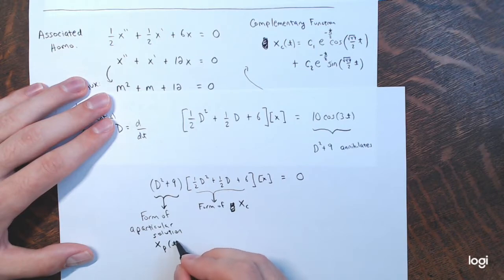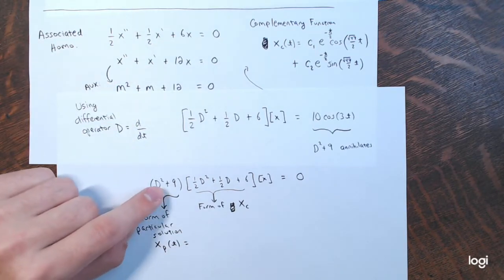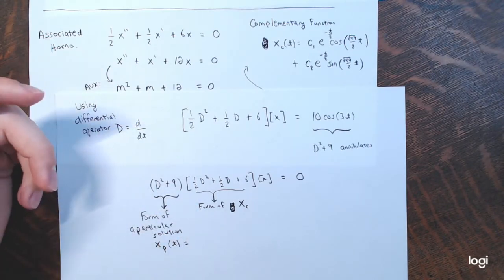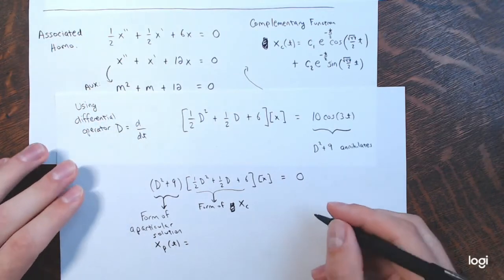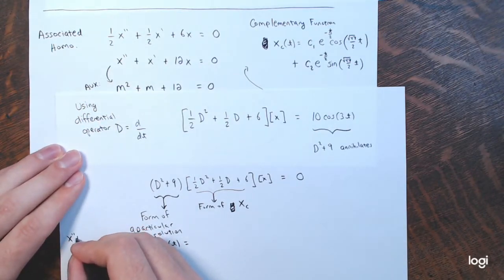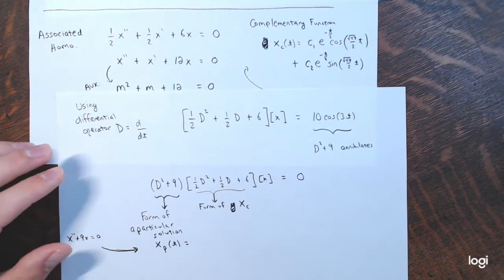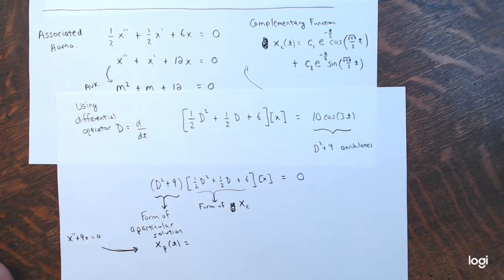And I'll tell you right now, again, d squared plus 9, if you were to look at x double prime plus 9x equals 0, that's giving me the form of the solutions to that kind of an equation. It'd be some constant a times the cosine of 3t plus some constant b times the sine of 3t. And now I need to find a and b to get a particular solution here.